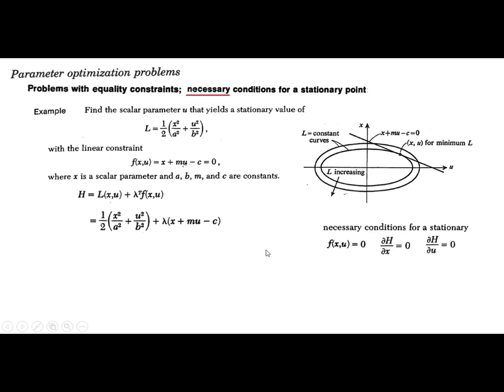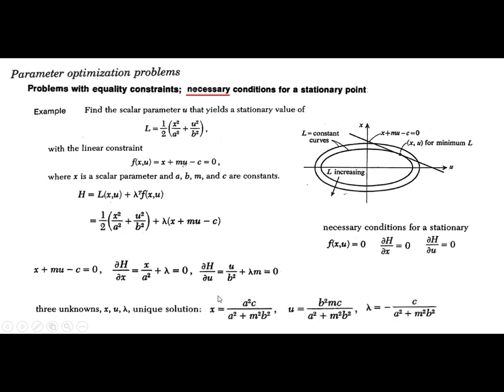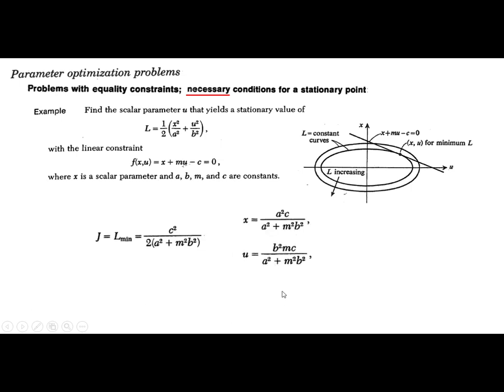Applying these conditions with the given functions of the example, we have the following set of equations, where we have three unknowns, x, u, and lambda. Solving these equations results in the following solution. Utilizing the values of x and u, the minimum value of the index function is as shown.